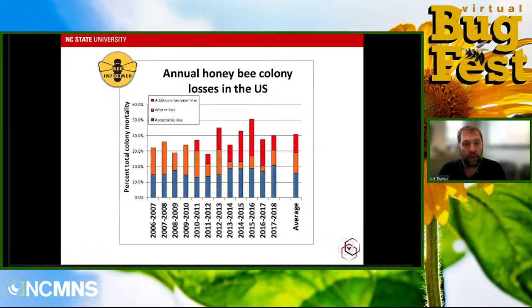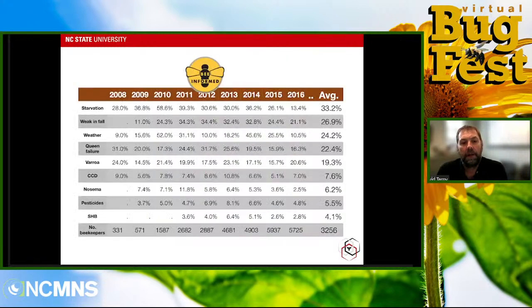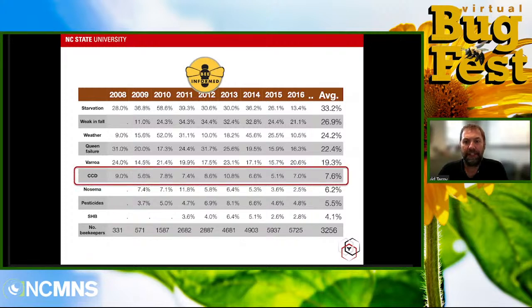And that's why the story has been very, very sensational. And this has been far above what beekeepers themselves have defined as an acceptable turnover rate of their colonies. But when asking beekeepers why those colonies are failing, why those colonies are dying off every year, colony collapse disorder is really a minority issue, and it always has been.